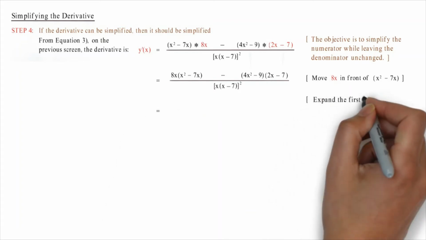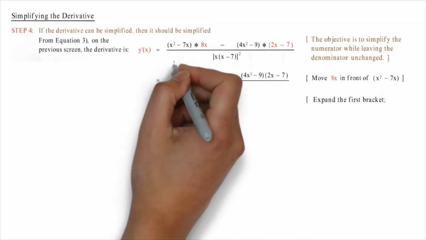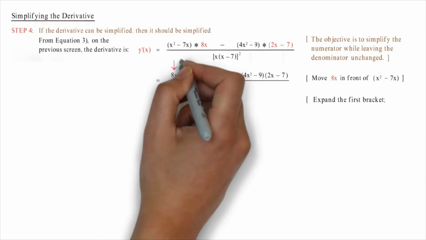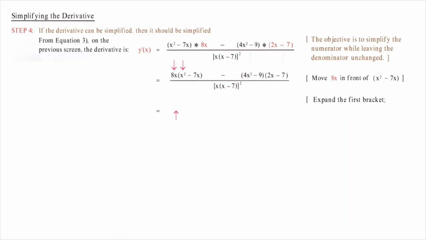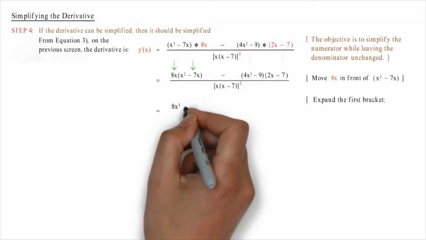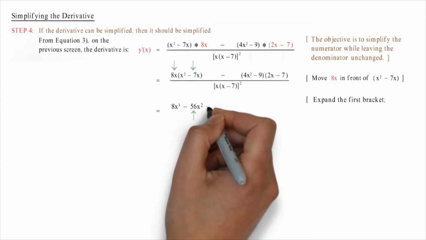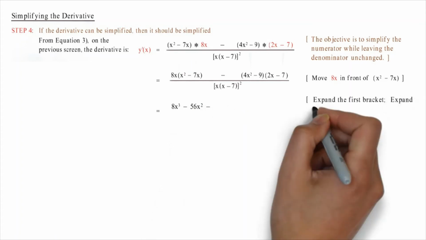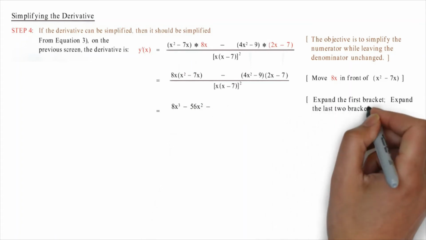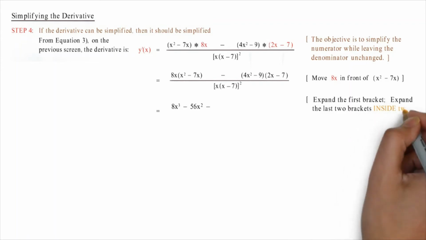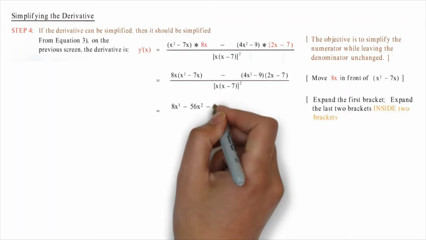Expand the first bracket. 8x times x squared is 8x cubed. 8x times minus 7x is minus 56x squared minus. Expand the last two brackets inside two brackets.